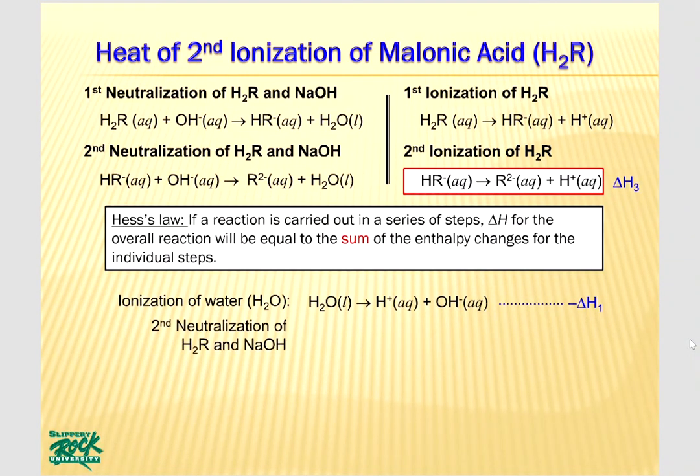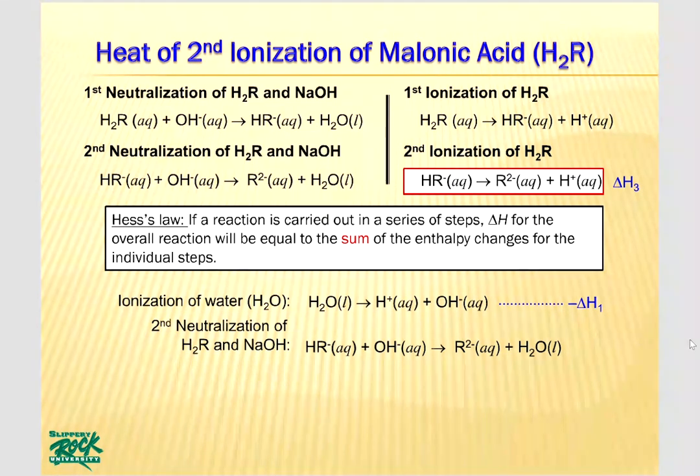The second neutralization of malonic acid is written as HR- reacting with OH- and producing R2- and a water molecule. The heat associated with the reaction is represented by delta H2.